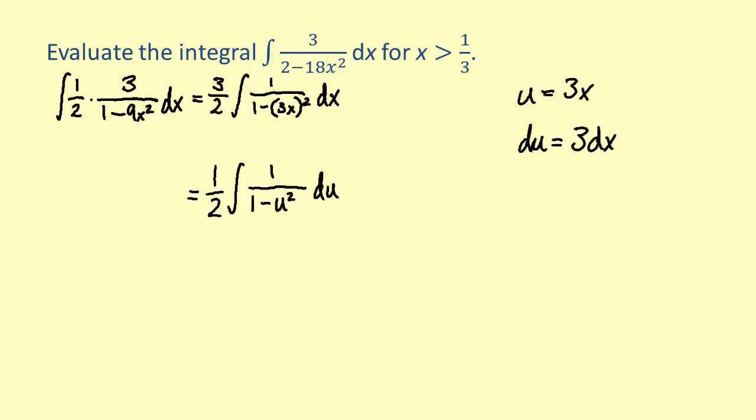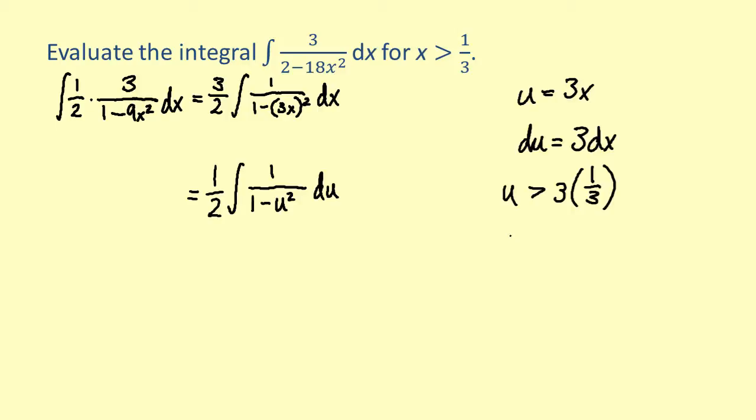Recall that this integral is equal to the inverse hyperbolic tangent of u if the absolute value of u is less than 1, and equal to the inverse hyperbolic cotangent of u if the absolute value of u is greater than 1. We are given that x is greater than 1/3. This means that u must be greater than 3 times 1/3.